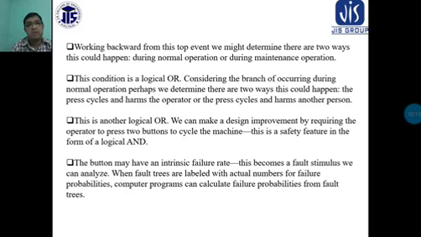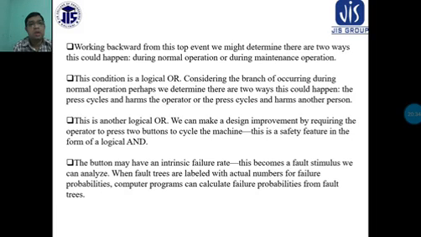During maintenance operations, fault tree analysis is essential. This condition is a logical OR gate, considering the branches of occurring during normal operations.